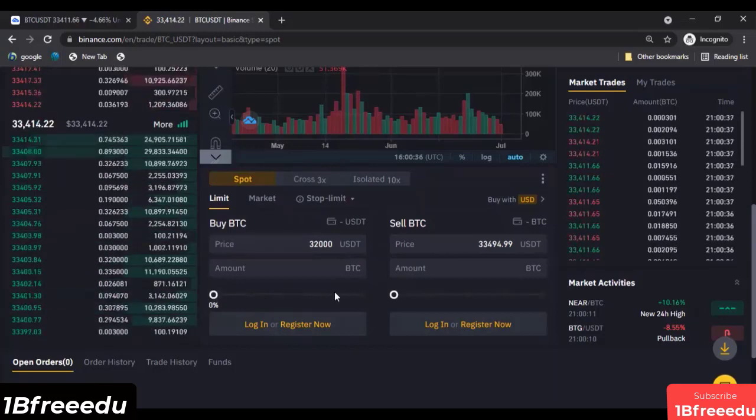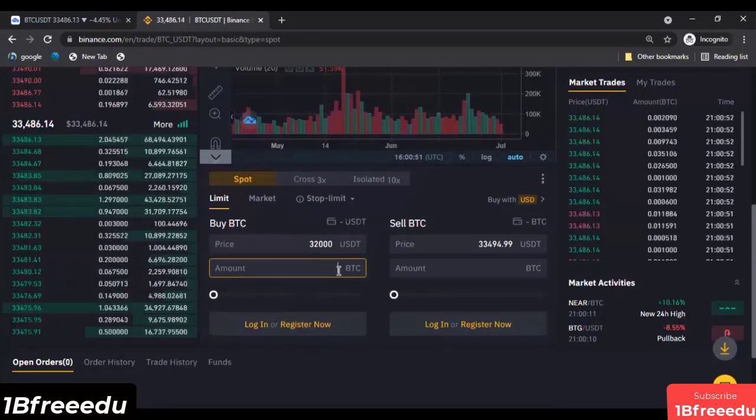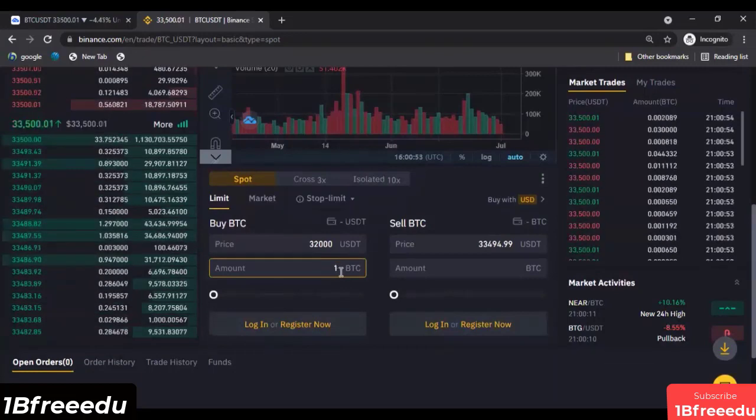Once this price is set, now you will set the amount. This is not moving since my account is not logged in, but once it is logged in, it will show you how much percentage of your funds you want to use to buy BTC. Or for example, if you want to buy one BTC, you just need to type one.